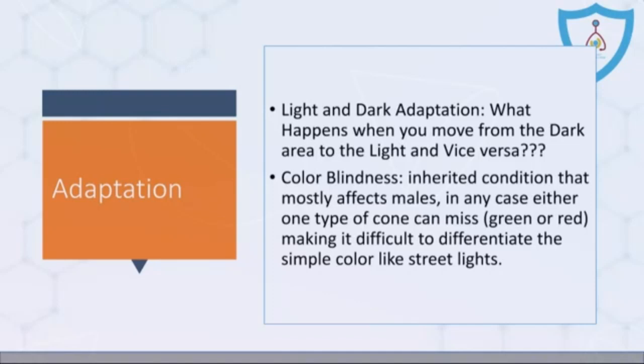For example, if you have issues with accommodation, then the person can have either long-sightedness or short-sightedness. And when you learn this physiology, then you are able to tell how these things occur. And there are many, many more other abnormalities that you can think of. So long as the physiology is going wrong, then you expect also abnormalities to occur. So that's it about sight.